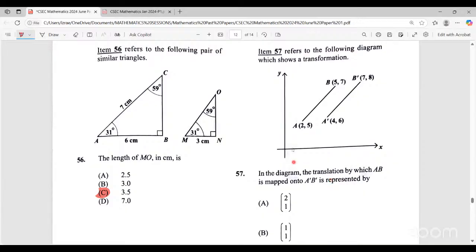But if I'm going the next way from A to A prime, you're adding 2 to the 2 to get 4, you're adding 1 to the 5 to get 6. So you're adding 2, 1. Okay, and you will get A prime. You add 2, 1 with this, and you will also get B prime. That's A.